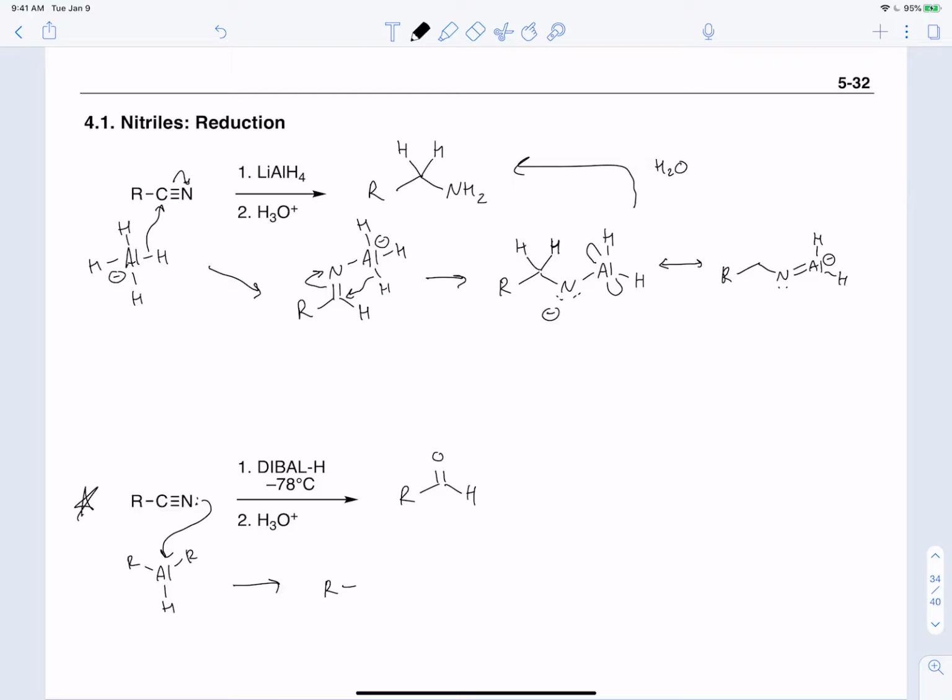I'll define this R group as a methyl just so we don't have too many R's running around. We have an activated species where now this aluminum hydride becomes more nucleophilic and the nitrile becomes more electrophilic. This can attack in, and we make this intermediate that is very much protected from further attack.